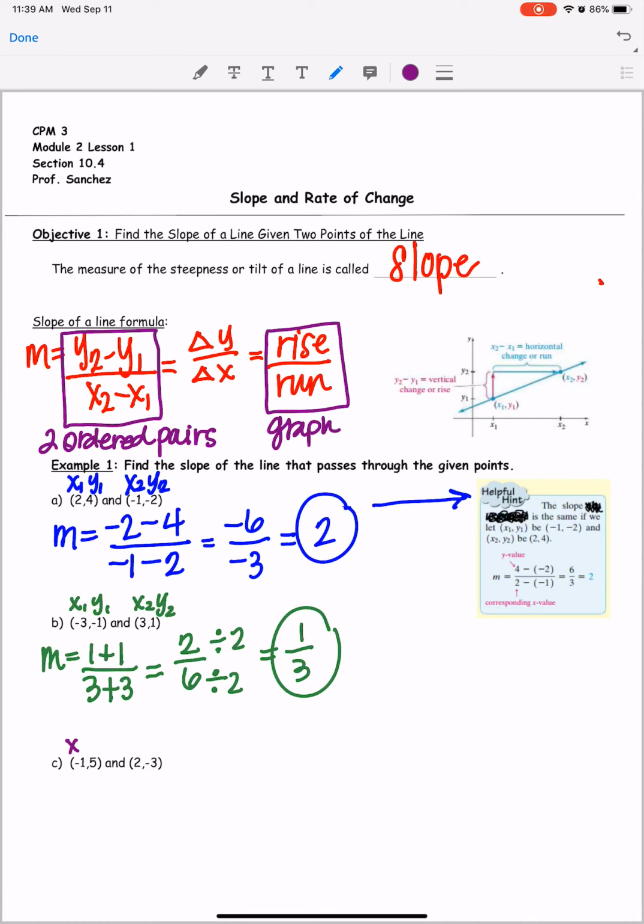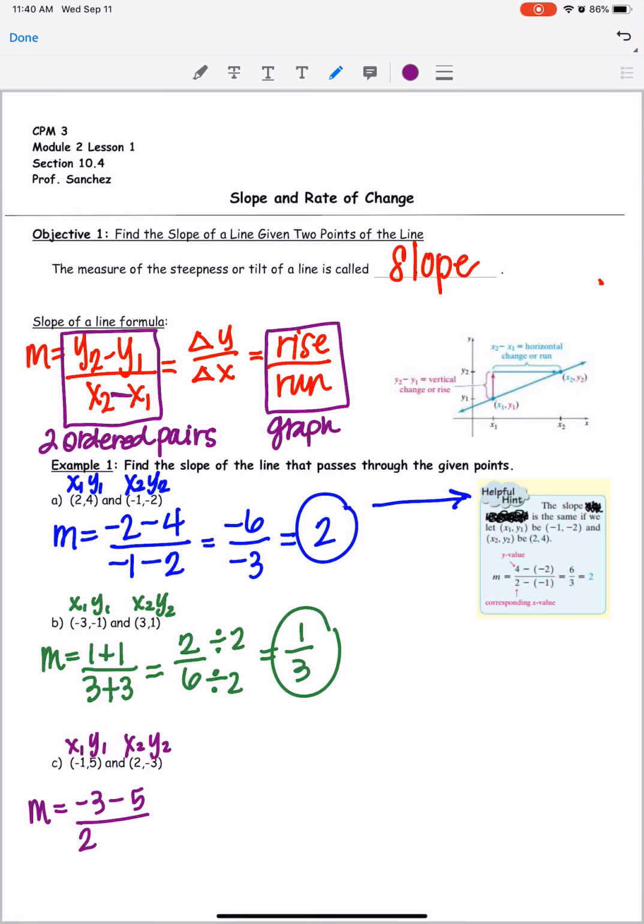Label your points. You've got x1, y1, x2, y2. So plug that into your formula. We've got y2, which is -3, minus, that's my formula, minus a y1, which is 5. x2 is my 2 right here.